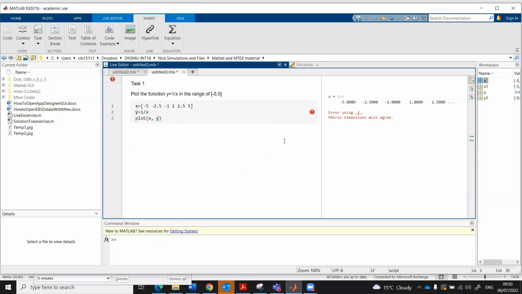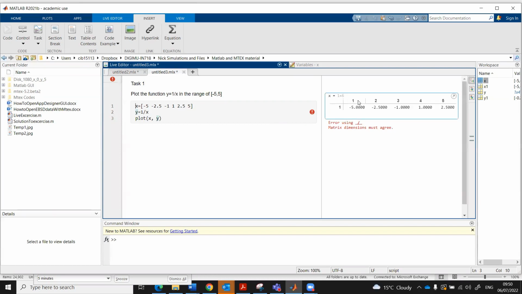Let's see what is happening. The first line worked fine. I have got vector x with the values from 1 to 6, and I can see all of them. But in the second line, as I told you, it says error using division sign.